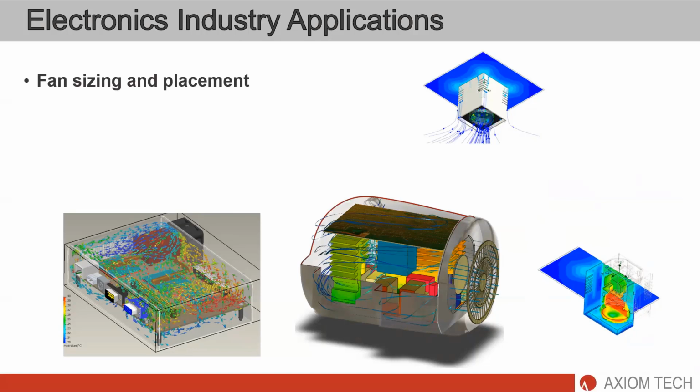Local flow features resulting from fan swirl can have a drastic effect on local cooling, and fan interaction can impede fan performance.